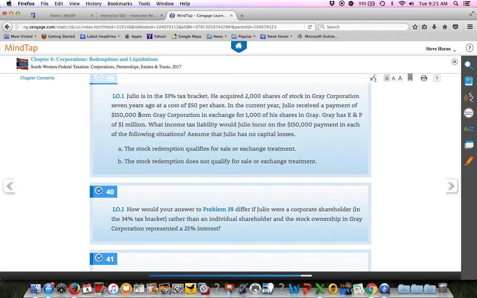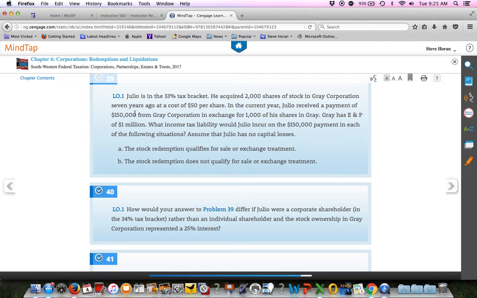So $150 minus 50 is $100,000, and this would be a long-term capital gain. Therefore, the rate is 15%, and the tax is $15,000. Okay, so tax is $15,000 for letter A: $150 minus 50, $100,000 gain times 15% tax rate.